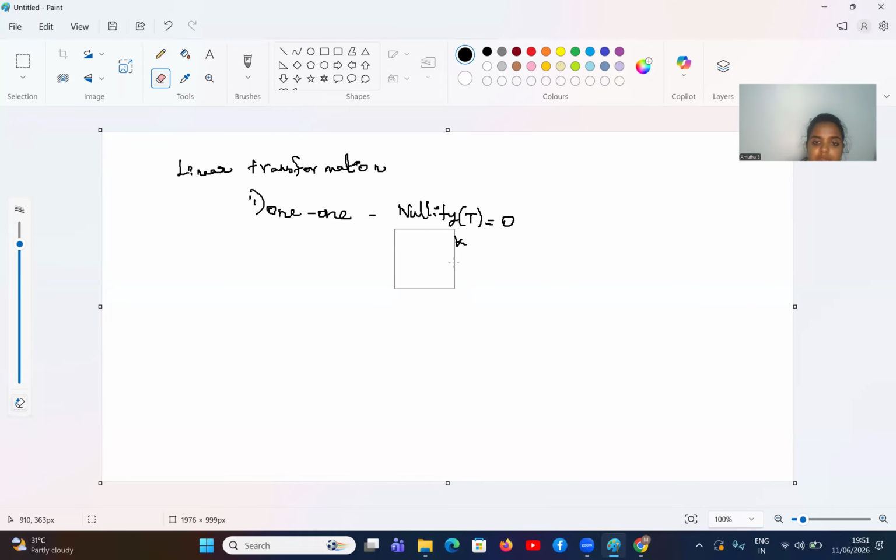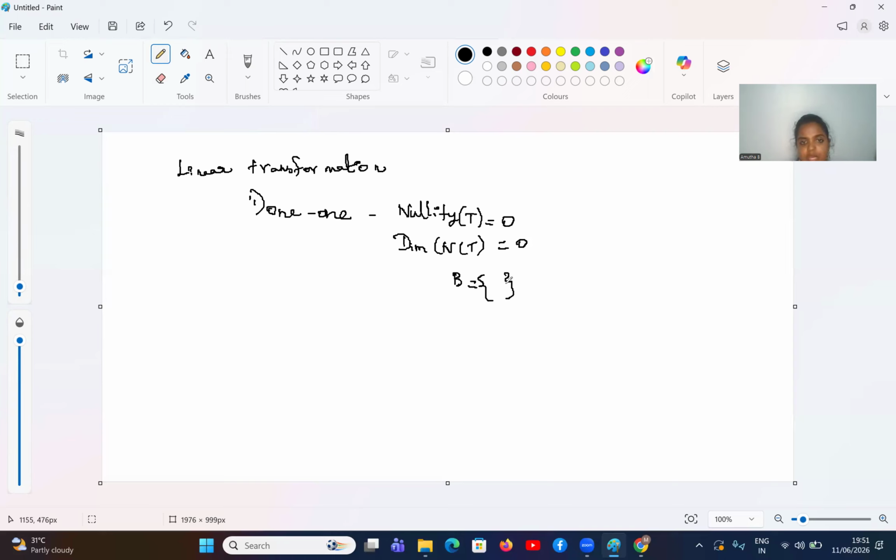Nullity means the dimension of the range space or the null space? Null space. So the dimension of N of T equal to 0, that is, the basis is empty. If this condition holds, then we can say that the linear transformation is 1-1.